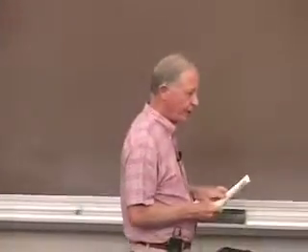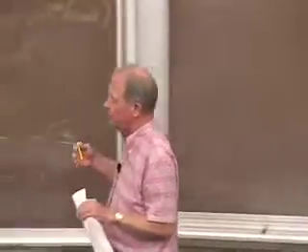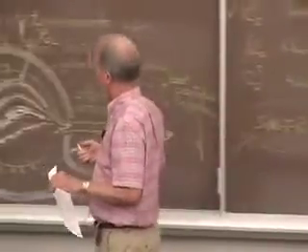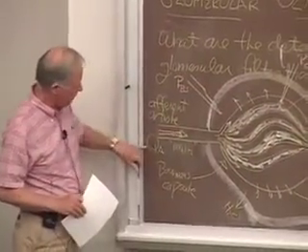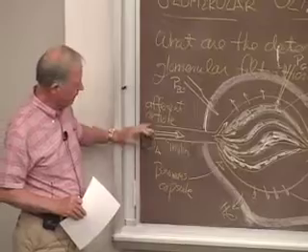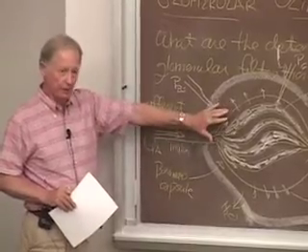Now, what can I do with that number? Well, one of the things that I want to be able to measure, because it's probably important to the dynamics of this process, is what is the plasma flow rate entering a typical glomerulus?